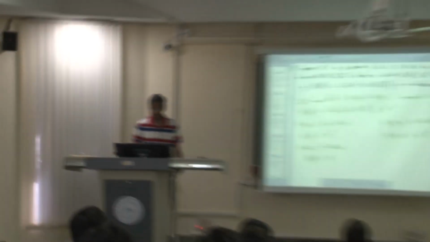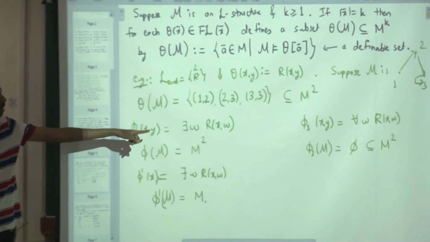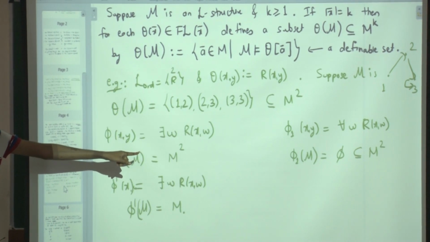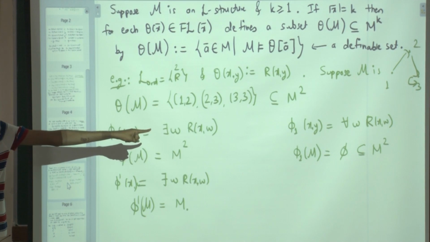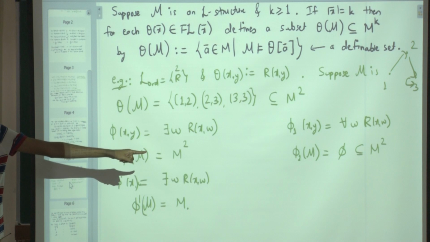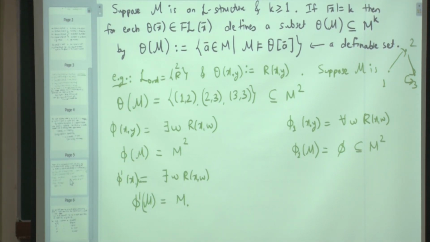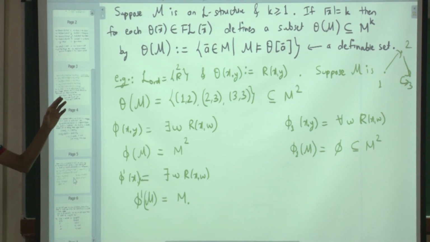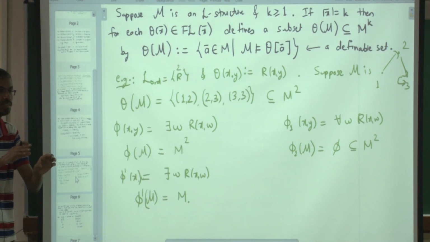Over here, when you are looking at phi 1, what is the set definable by phi 1? It is the empty set. But does phi 1 look like our formula, for all w negation w equal to w? That is not the formula. So it could happen that there are two different formulas and they give me the same definable set.